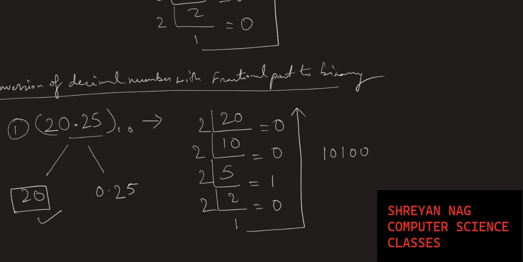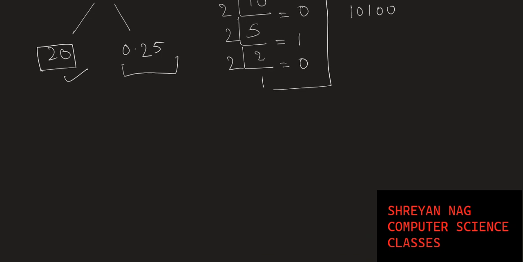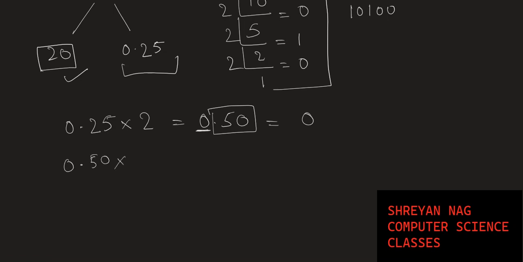Now we are going to convert the 0.25. How do we convert this? For the decimal part we need to multiply by 2. So 0.25 times 2 is 0.50. What you see here is 0 only, so we write 0. Then again we take the rest of the part: 0.50 times 2 is 1.00, so we write 1 here.